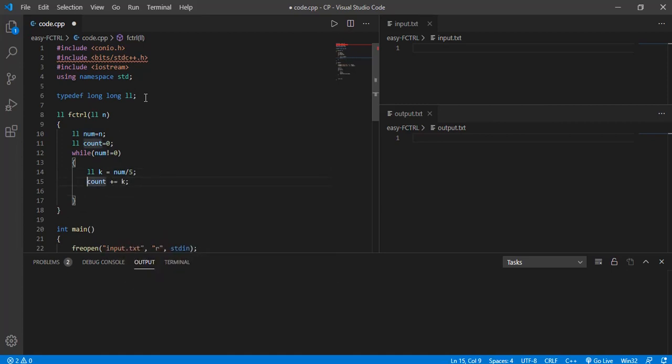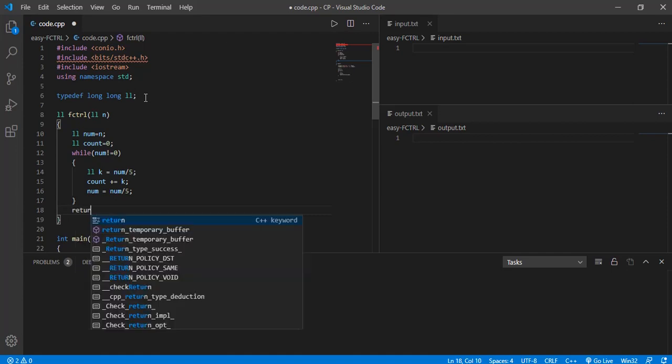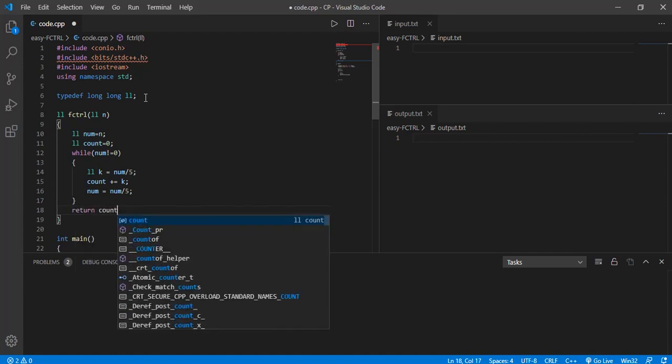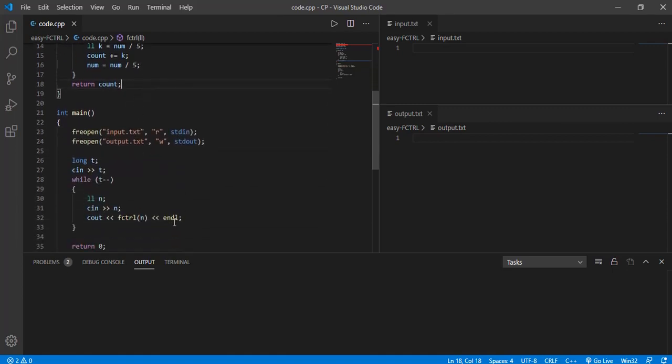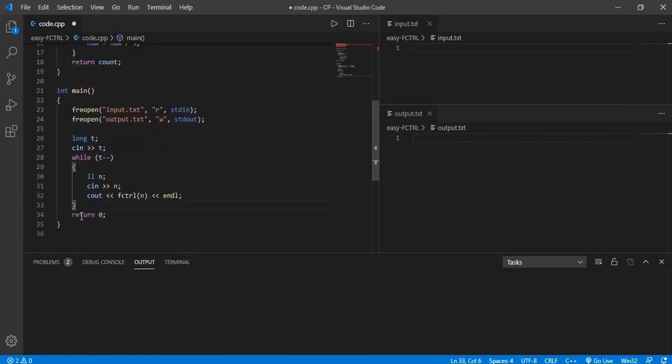Now we have added the value, we divided by 5, and then you can do num equals num by 5. That's it, and then you have to return the count value. Let's just save this. This ender list is to make sure that the output format is the same as that given on the CodeChef page.